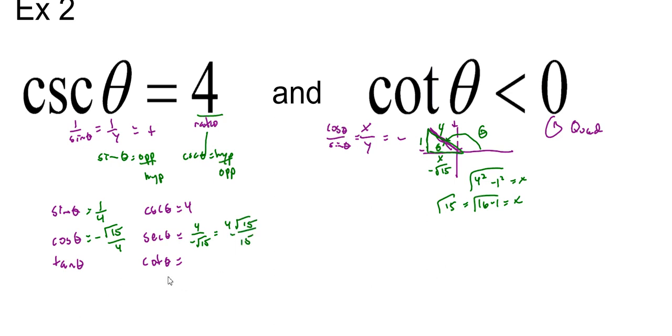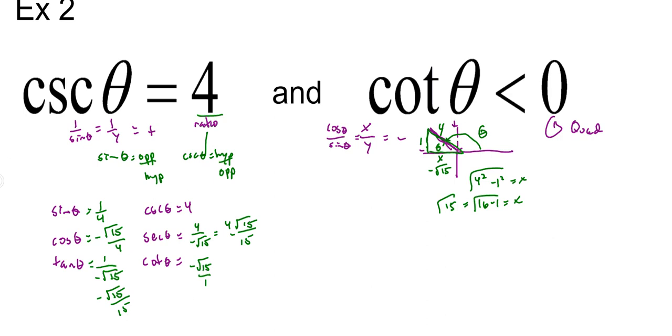The tangent is opposite over adjacent, and we have that, or negative square root of 15 over 15. And cotangent is going to equal negative square root of 15 over 1. And that is our 6 trigonometric ratios.